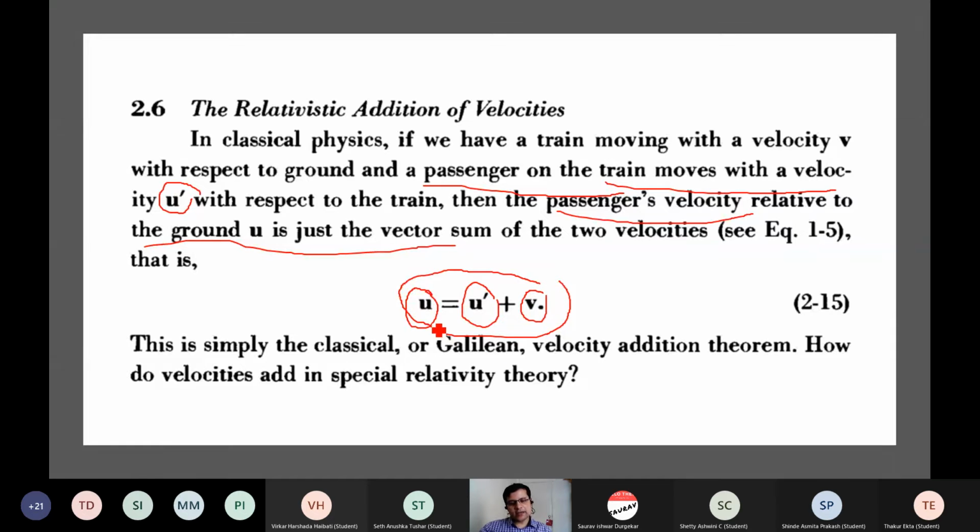So the simple classical way is u equals u prime plus v. Suppose the train is moving at 30 meters per second and the passenger at 10 meters per second. You just calculate the resultant velocity as the addition of these two.